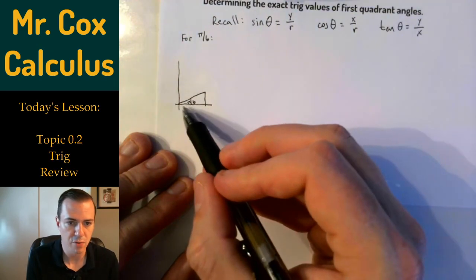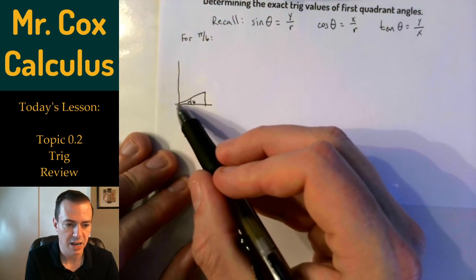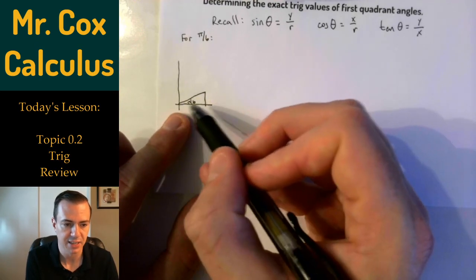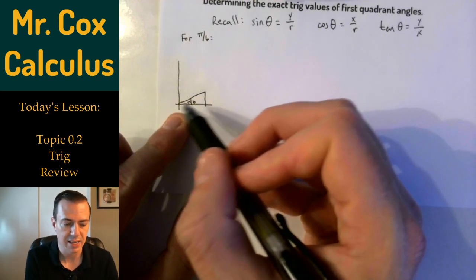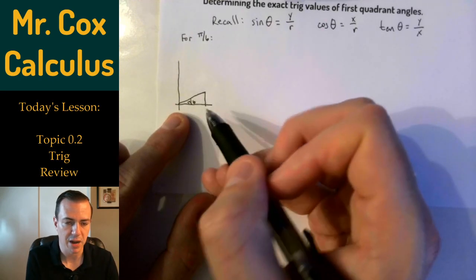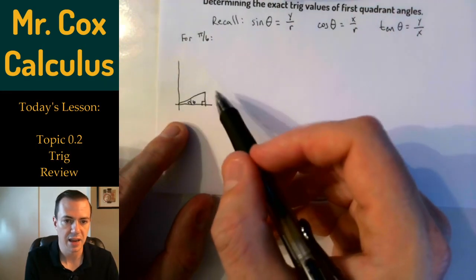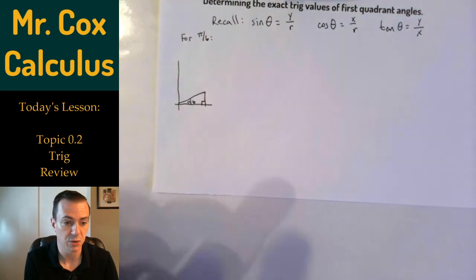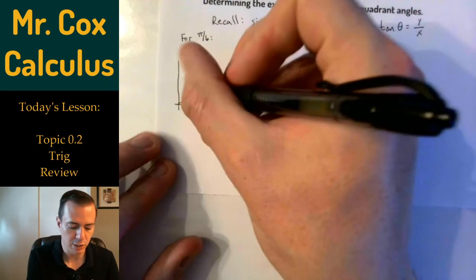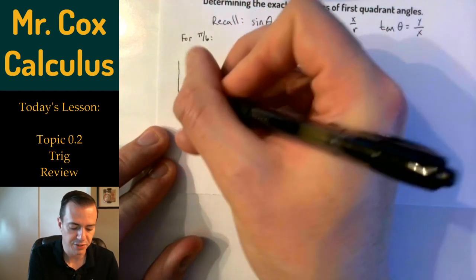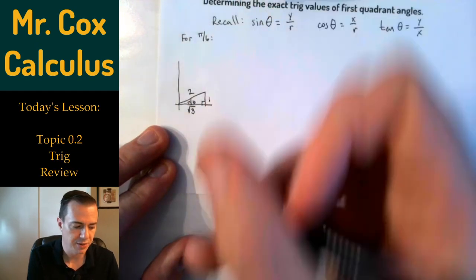And there's my pi over 6 angle right here at the origin, because remember when I do an angle, I use the positive x-axis and then I rotate it counterclockwise, and so I get pi over 6. That means this right here is my right angle, and then I have a pi over 3 angle here. And so if I apply those special right triangle ratios from earlier, I know this is 1, this is the square root of 3, and this is 2.